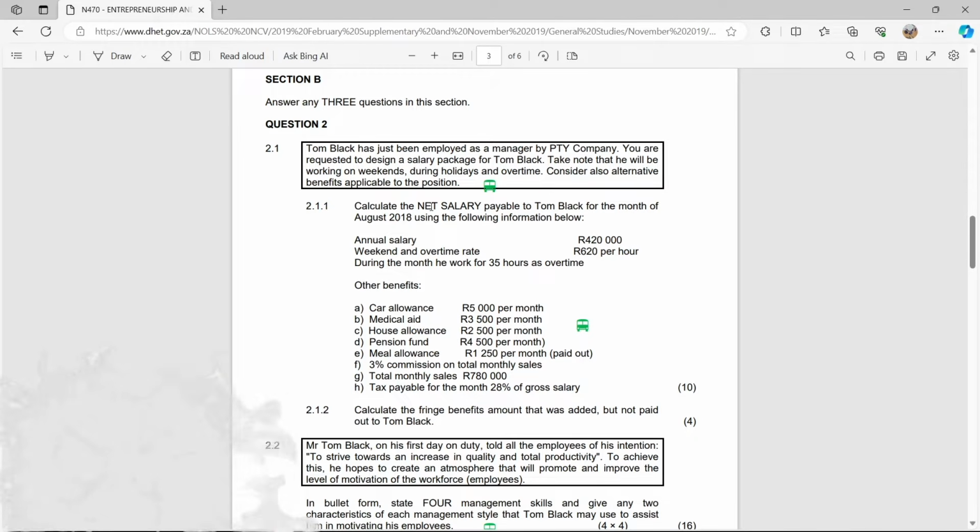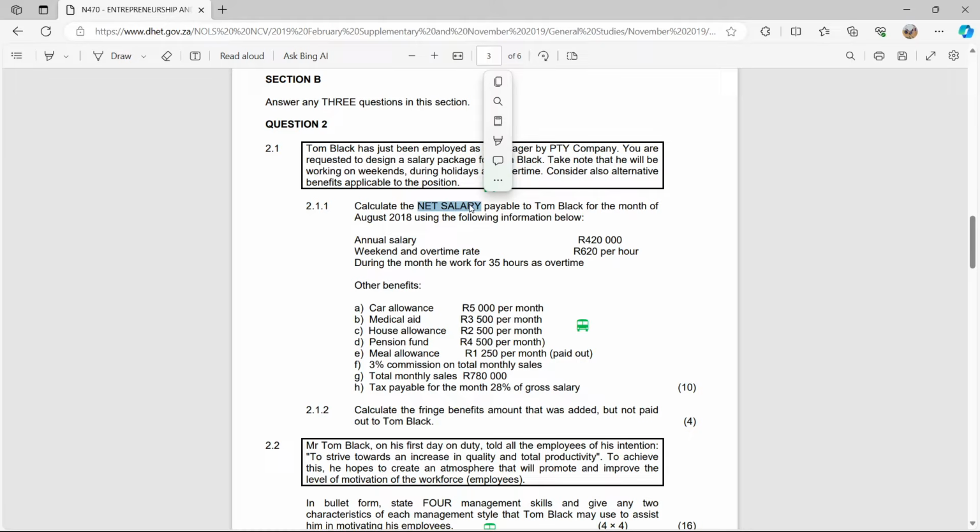We first need to understand what is a net salary, right? So basically, a net salary is what an employee takes home. This is the amount that an employee receives after deductions, right? So the company will pay a specific amount to an employee, and on that amount there will be deductions, right?